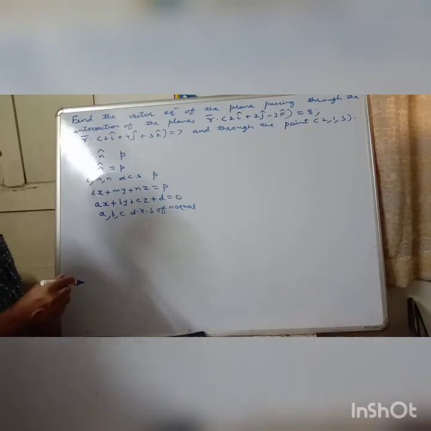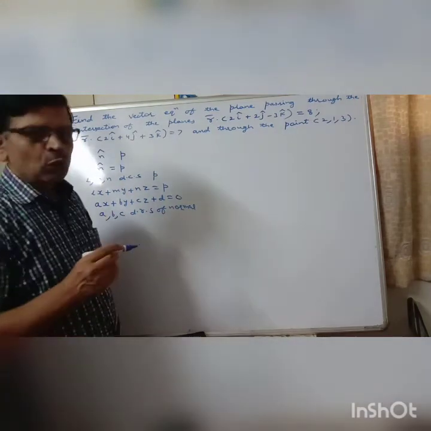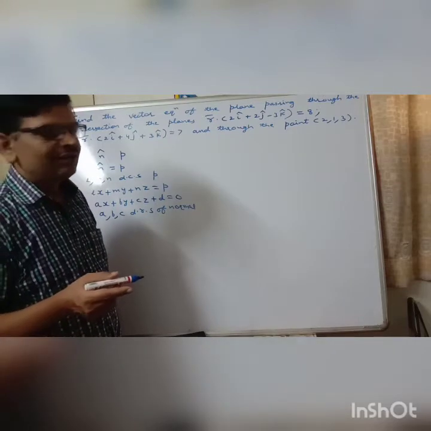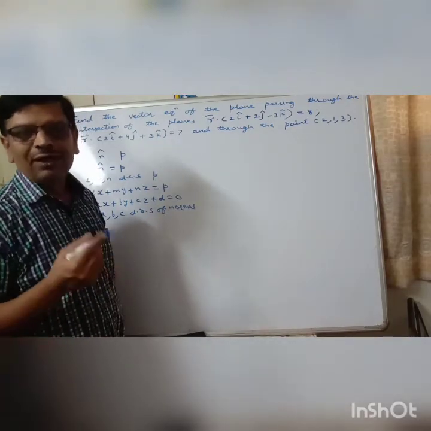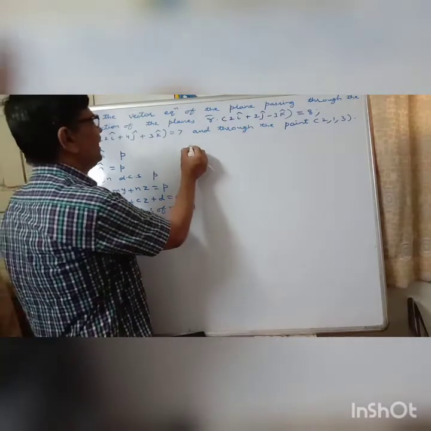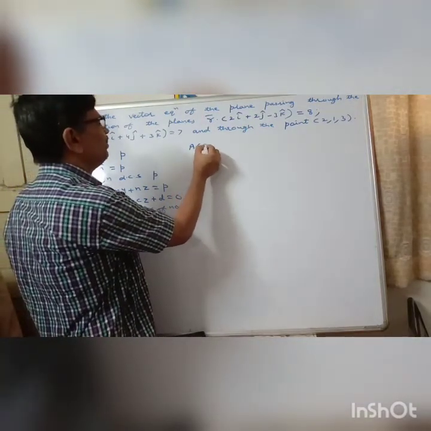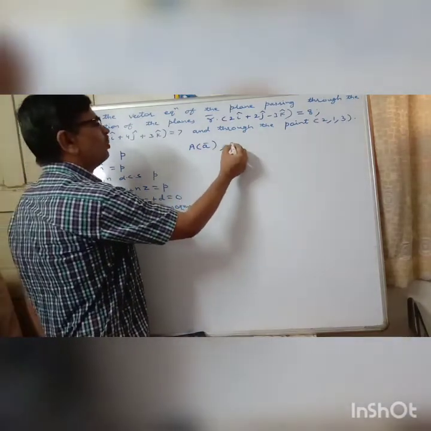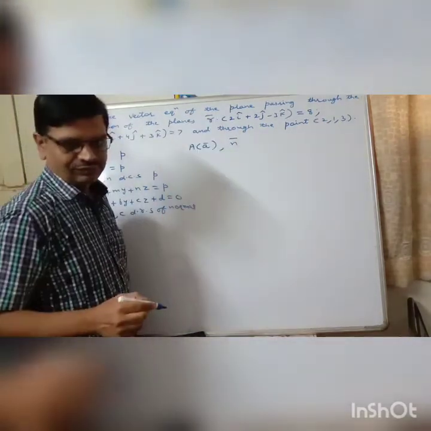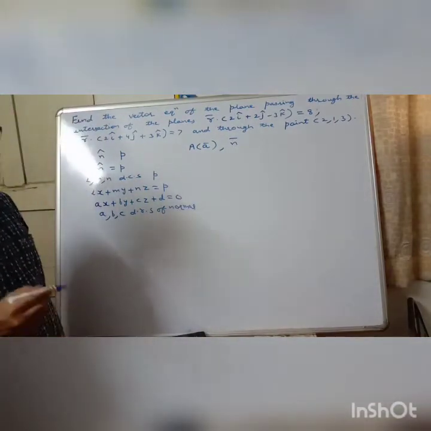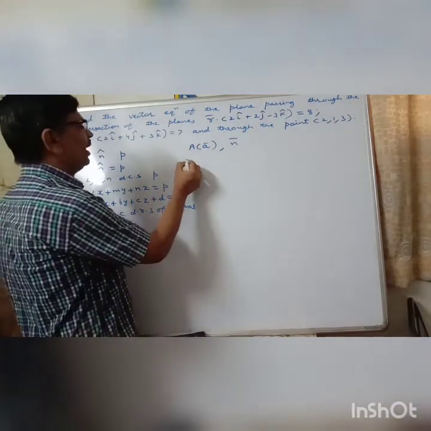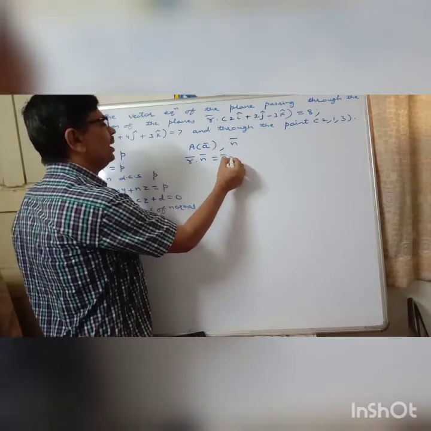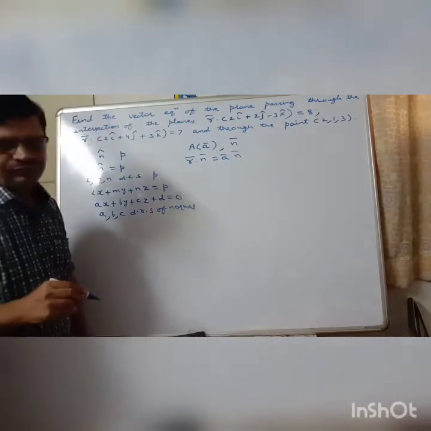If we know position vector of any one point in the plane and vector normal to the plane, suppose A is point on the plane whose position vector is A bar and vector normal to plane N bar, then equation of plane in vector form r bar dot n bar equal to a bar dot n bar.